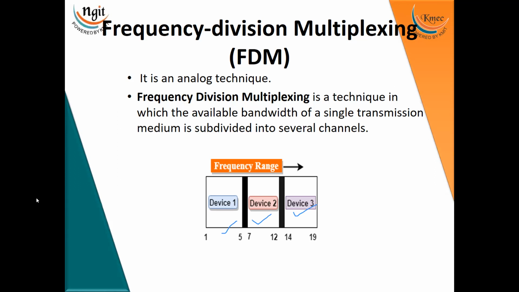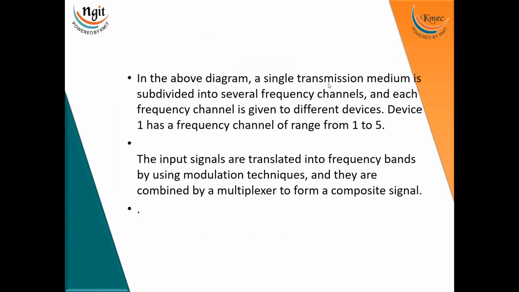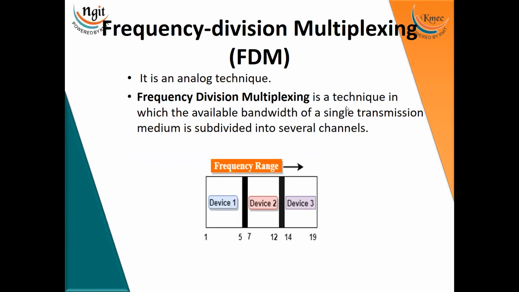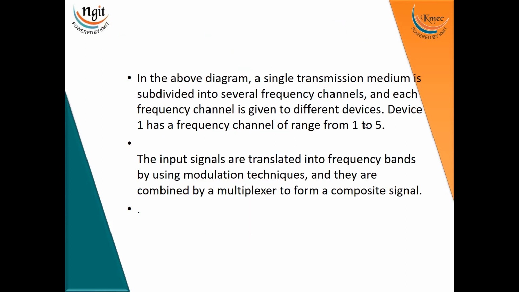In the above diagram, a single transmission medium is subdivided into several frequency channels. You see, I have one frequency range divided into several channels. Device 1 has a frequency channel ranging from 1 to 5, and the input signals are translated into frequency bands by using modulation techniques.